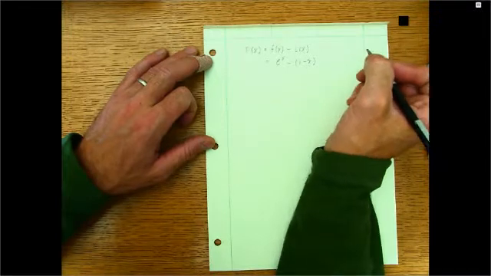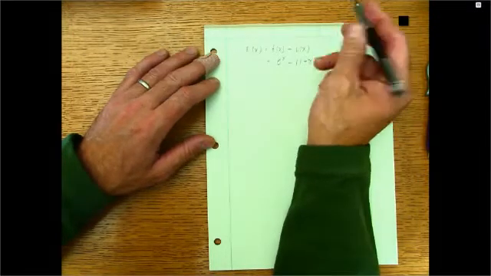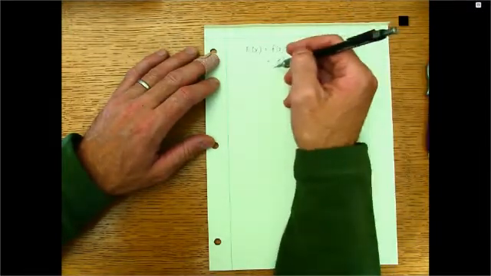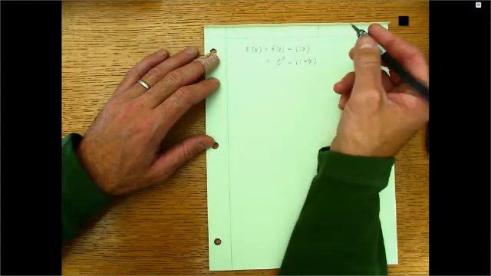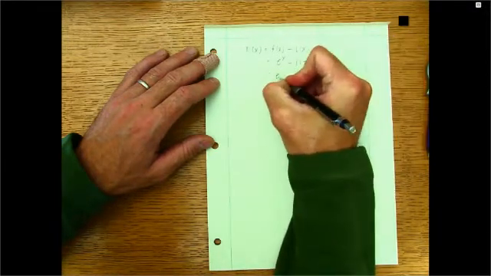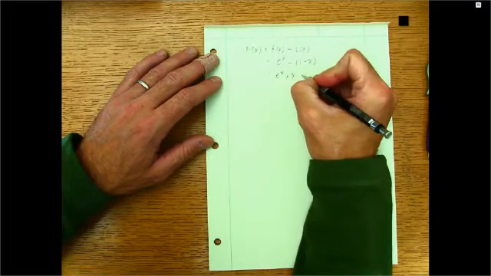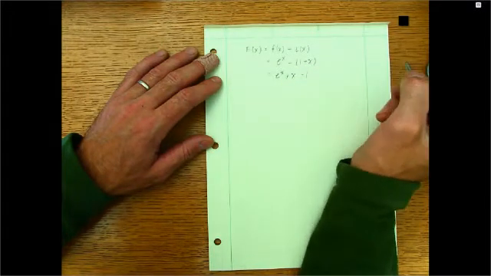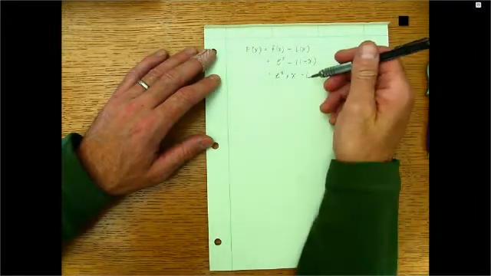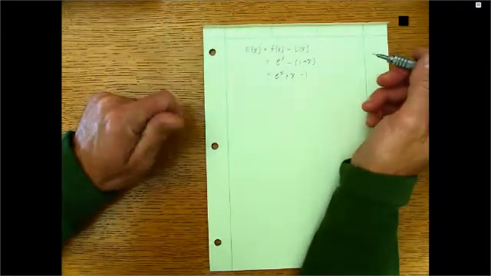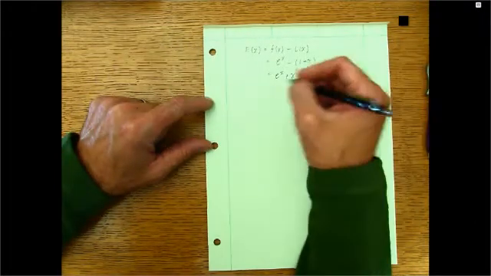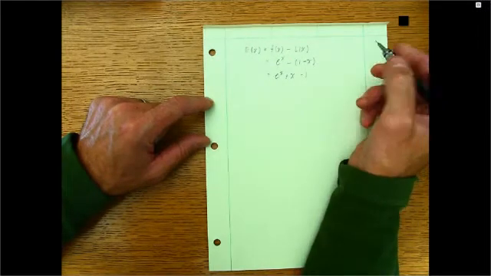And what do we get? We get something that looks like e to the x plus x minus 1. And what are we trying to do? We're trying to find a value of x such that this error function is less than 0.01.